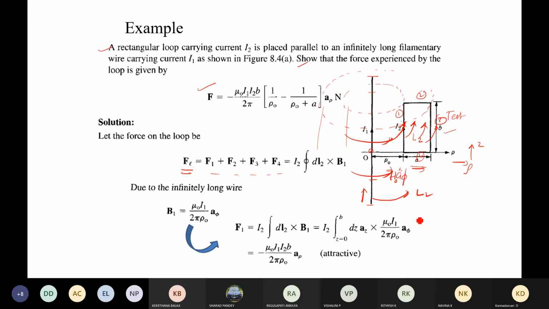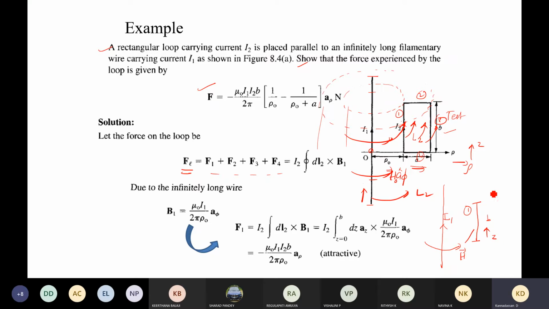Now let us take only line section 1 alone. We have this infinite line, which carries a current of I1, and because of that it produces a magnetic field, and this magnetic field acts upon the section 1 line. This section line 1 has a total height of B, and the current is traveling along the z direction.